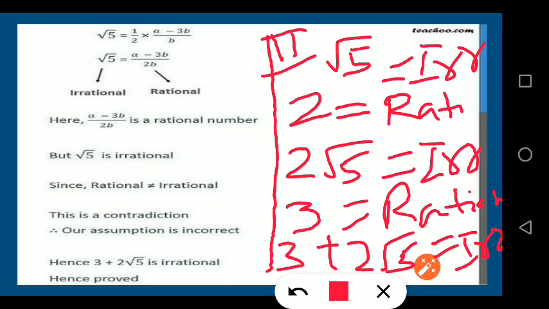So by the second way we can prove it like this also, by simply saying that the sum of a rational and an irrational number is irrational, and the product of a rational and an irrational number is an irrational number. Same way we can say that the subtraction of a rational and an irrational number is also an irrational number.